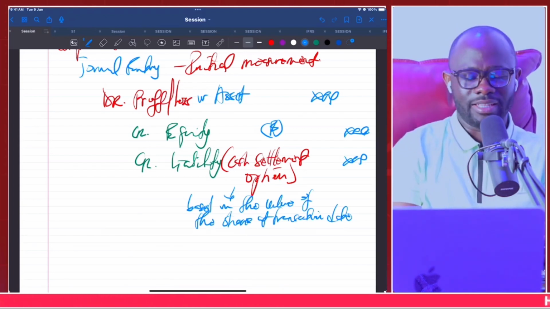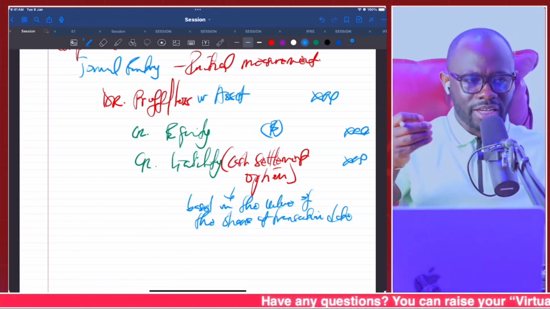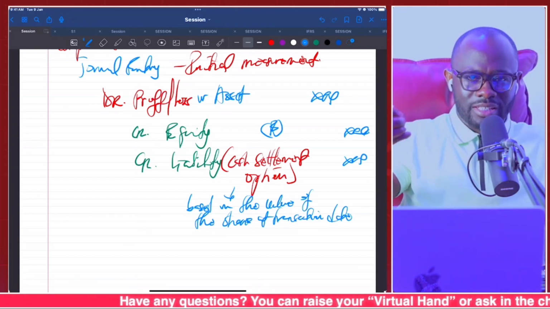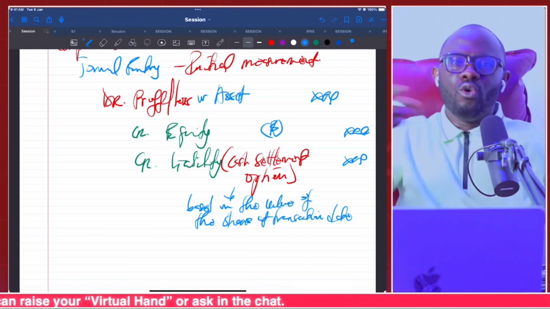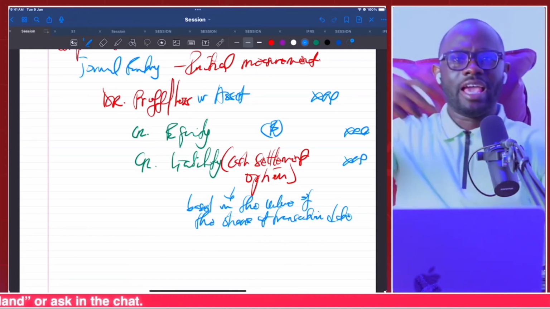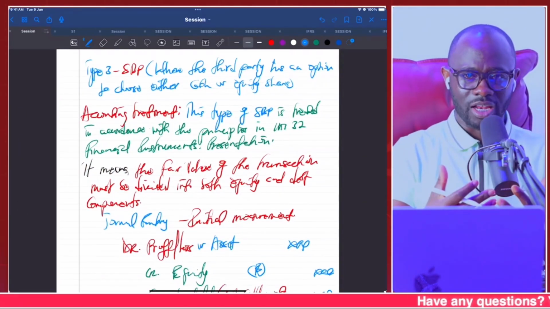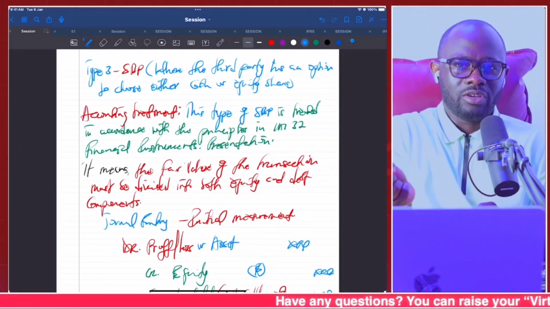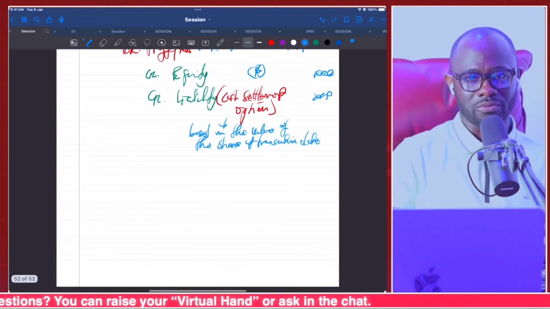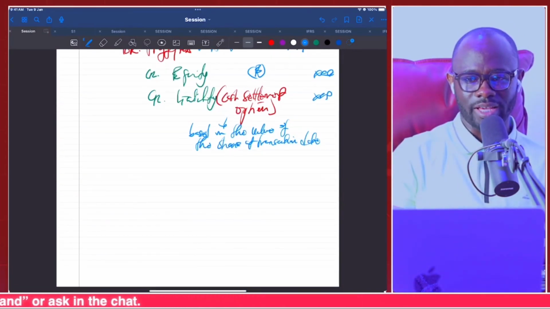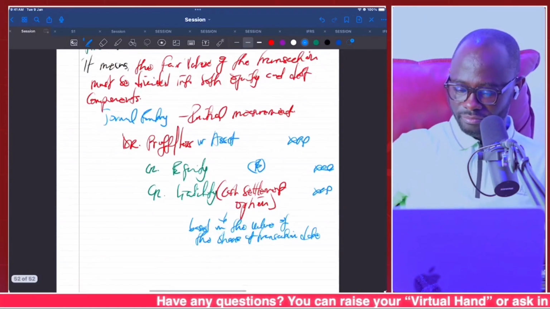So that is the idea. The reason we are splitting between equity and debt is that inbuilt in the transaction, the person is likely to get equity. We don't know whether the person will take his money or take the equity. But IAS 32 says it's a compound financial instrument because it has both an equity component and a debt component. And hence, we split it into the two. That's the rationale behind what we are doing. Is that clearer for you?